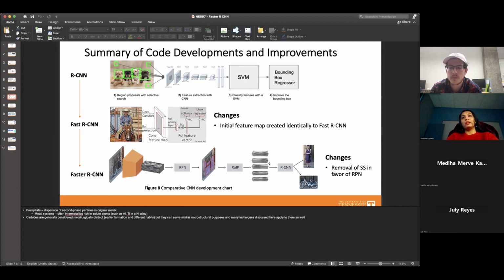Okay, done. Then what is happening in RPN? The RPN is your region proposal network. That's what's looking at your entire feature image, and it's proposing the bounding boxes, like this is a feature, this is a feature. So it's the region of interest proposal process.